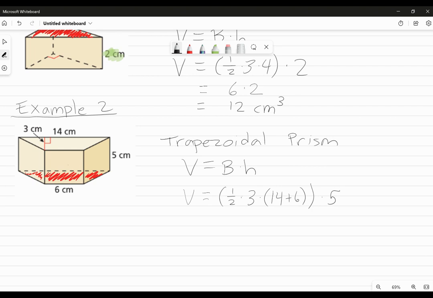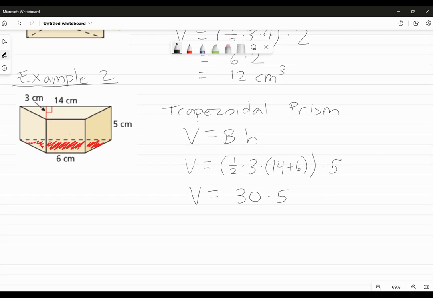So let's do that. 14 plus 6 is 20. Times 3 is 60, and half of that is 30. So 30 times 5 is 150 centimeters cubed. And that's finding volume of prisms.